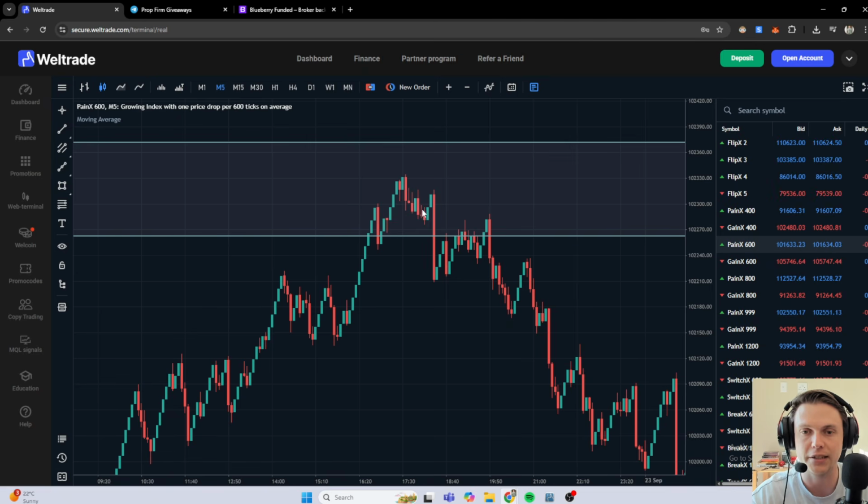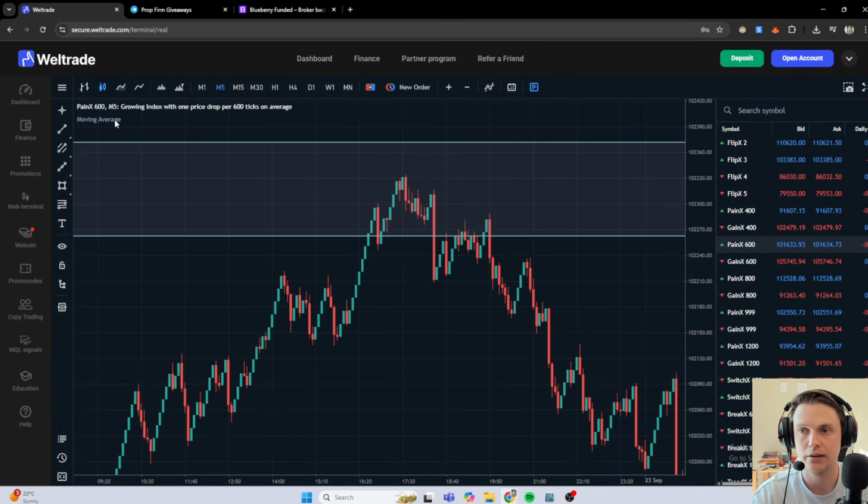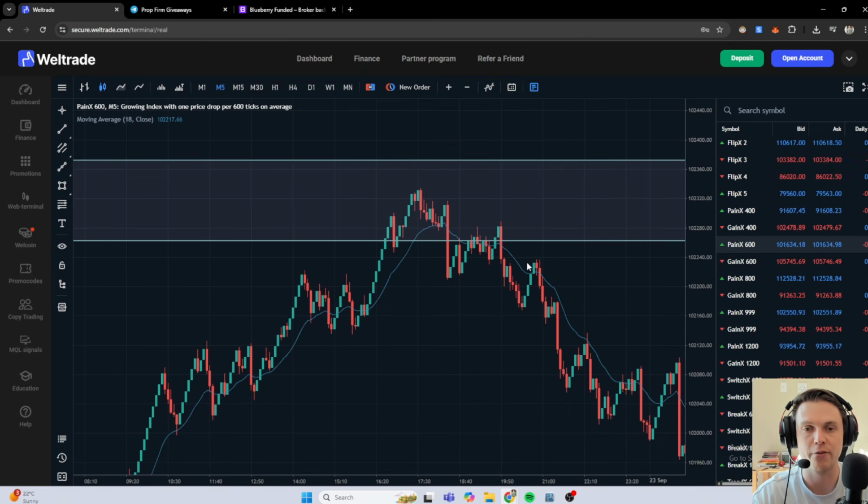You can even see this little head and shoulders forming here. That is also a valid reason to sell. And one of my favorite, actually one of my newest favorite methods is to use the 18 exponential moving average, where you then wait for a retest on the moving average, for example.